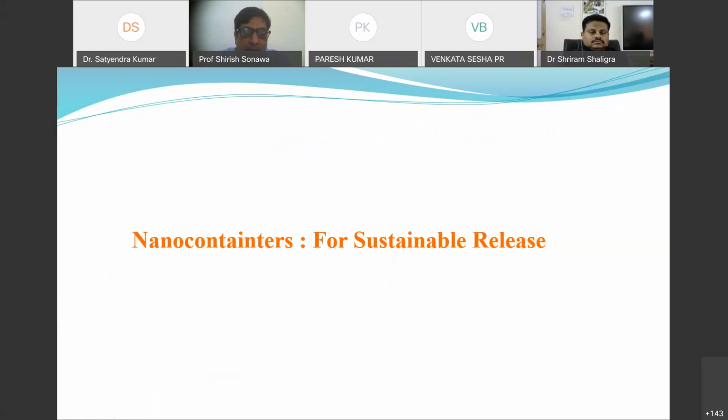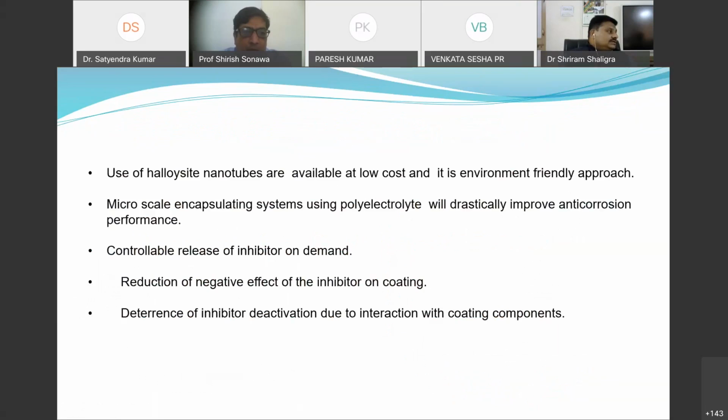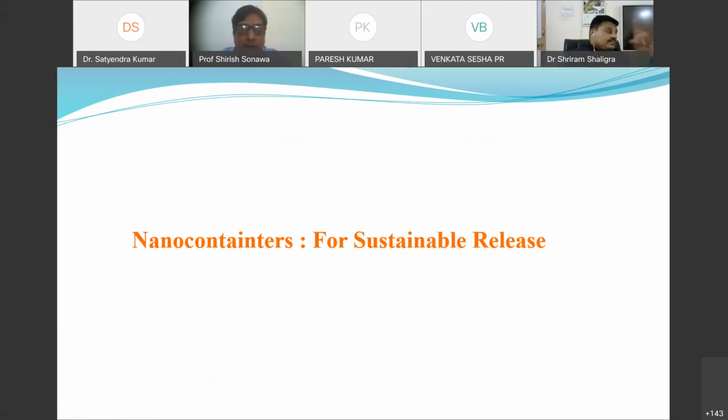Now, the next example we will take is the nano container. Actually, a nano container is a kind of small storage device, in which we can carry out encapsulation for a release case.